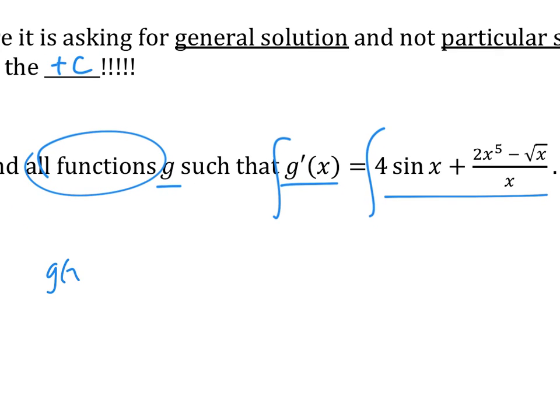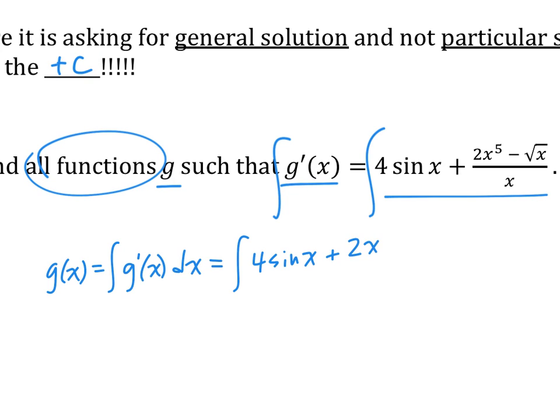G of x is equal to the integral of G prime of x dx, and G prime of x is 4 sine x plus 2x to the 5th minus square root x over x, dx. That sounds crazy, but it's actually not too hard.